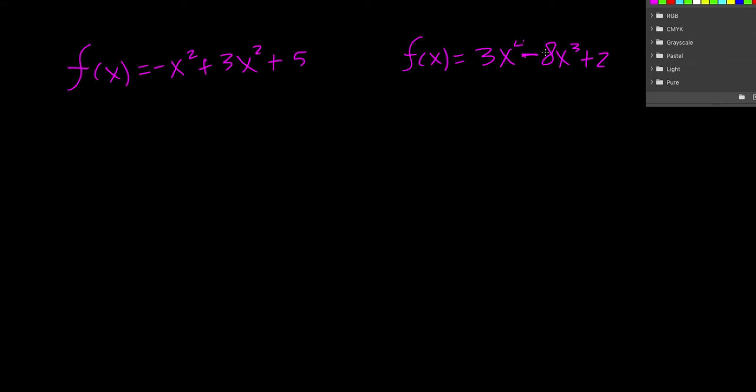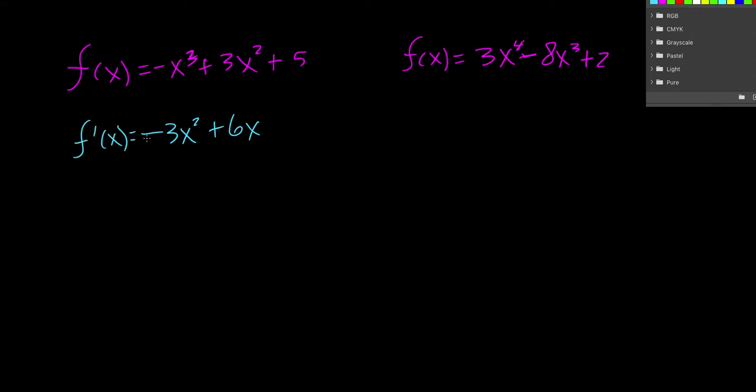Okay, so what we're going to do is we're going to find the derivative first. So we get -2x. All right, hold on. This is a 3. All right, let me try that again. Okay, so this is a 3. Sorry about that. So we get -3x squared plus 6x, and that's our derivative.